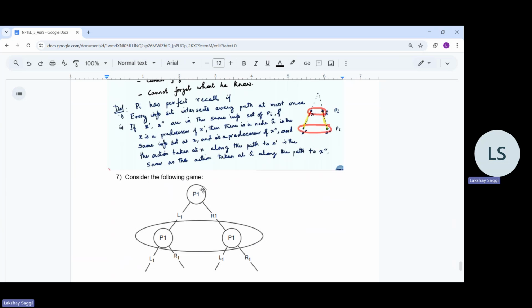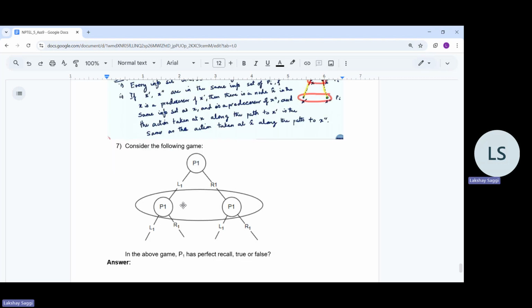The action taken at x hat along the path to x double prime is the action R1, whereas the action taken from x to x prime is the action L1. But what the perfect recall condition says is that these two actions should be the same. But note that L1 is actually not equal to R1.